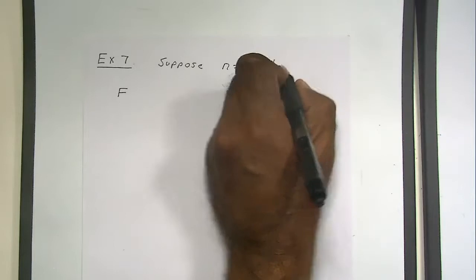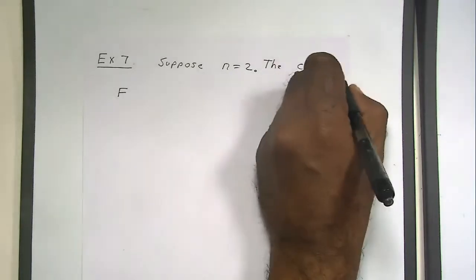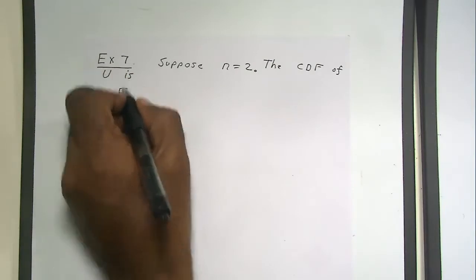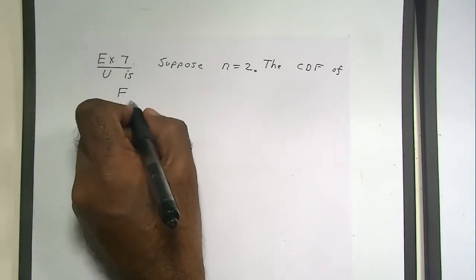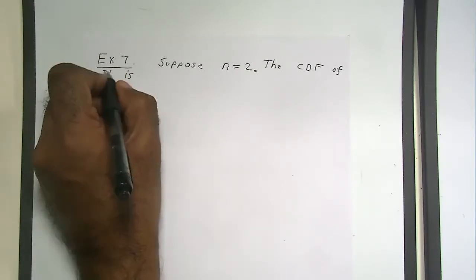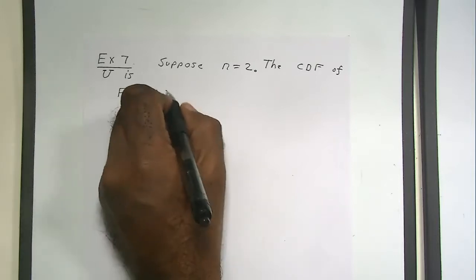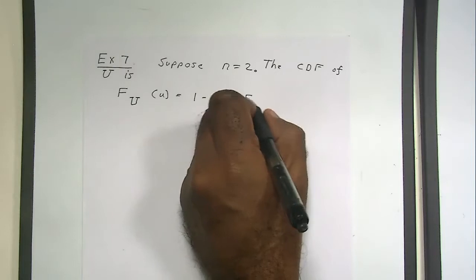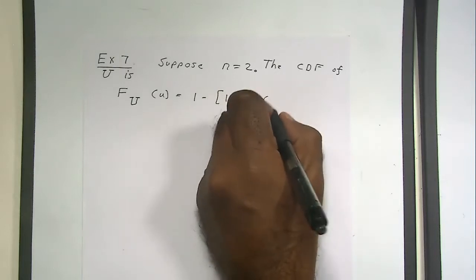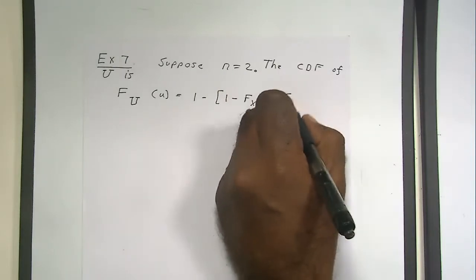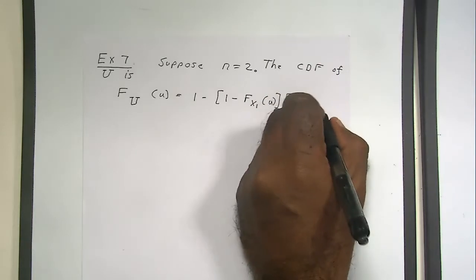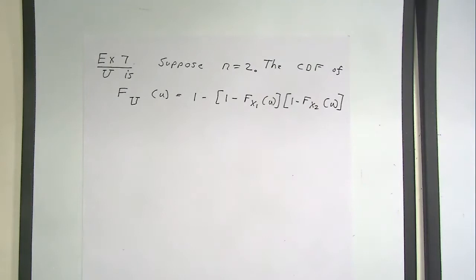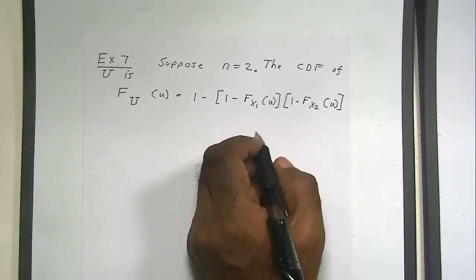the CDF of U, this is U. Okay, this is your CDF of U when n equals 2.